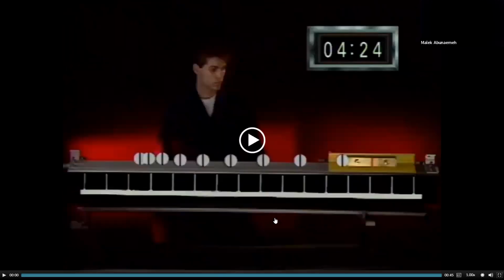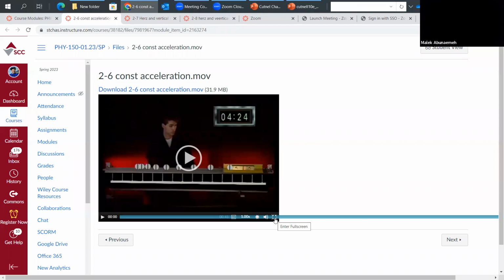This shows the biggest angle of tilt has more space between the dots. That means it accelerates faster as time goes.